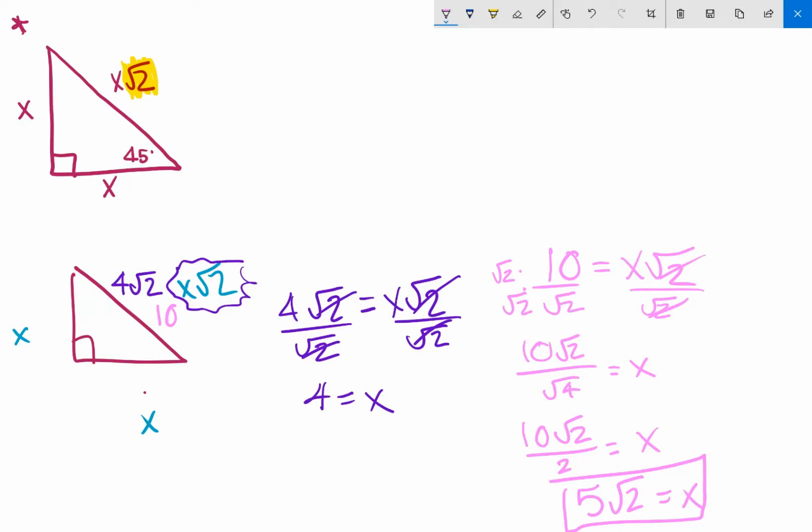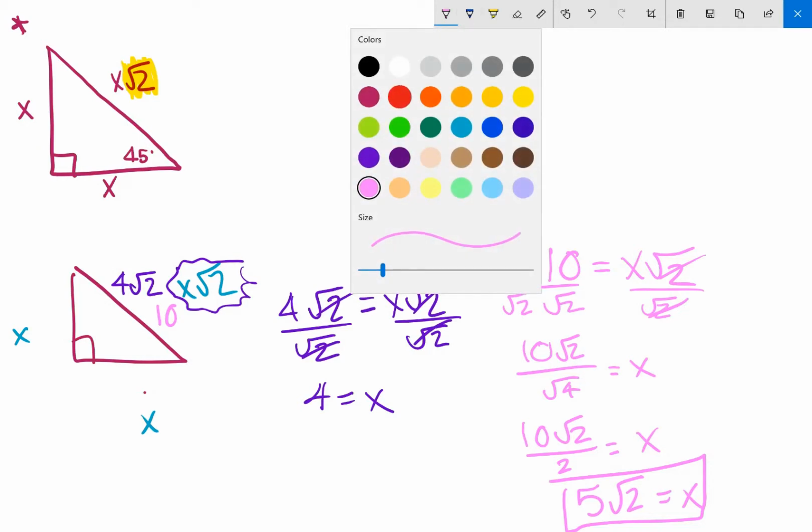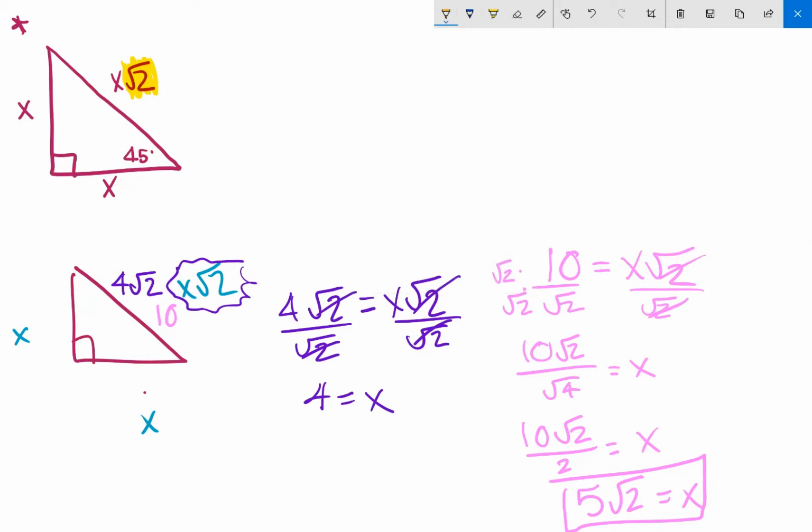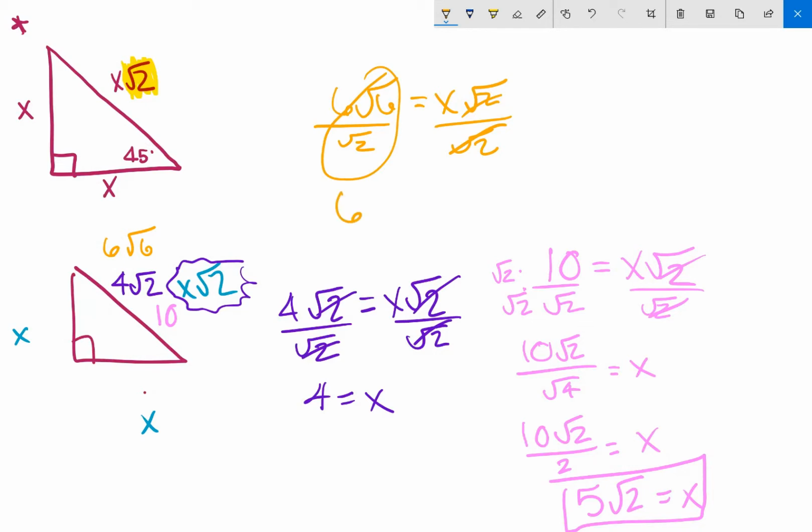About the only other case I can think of is that if you had like 6 square root of 6, then when you divide by that square root 2, they still cancel out, but then when you have radicals that are getting divided over the top, you just divide those numbers. So we keep the radical, and then 6 divided by 2 is 3. Okay, so that kind of gives you a good idea of everything that you can run into when you have a right triangle with a 45.